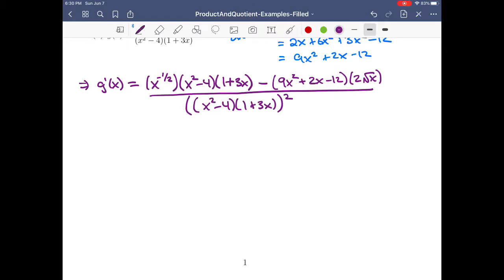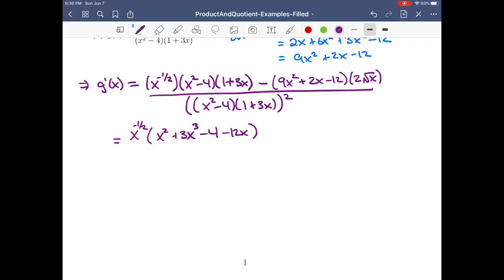Now we need to expand all this out. I'm going to leave the x to the negative 1/2 and expand the rest here. So that's going to be x squared plus 3x cubed minus 4 minus 12x.